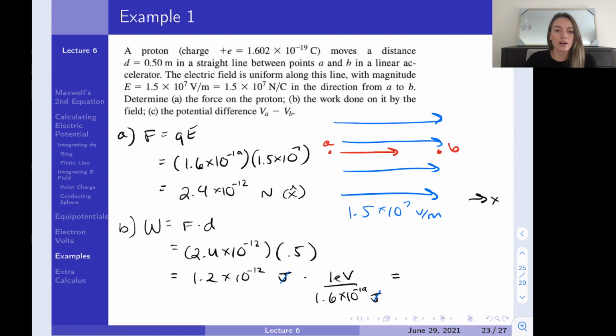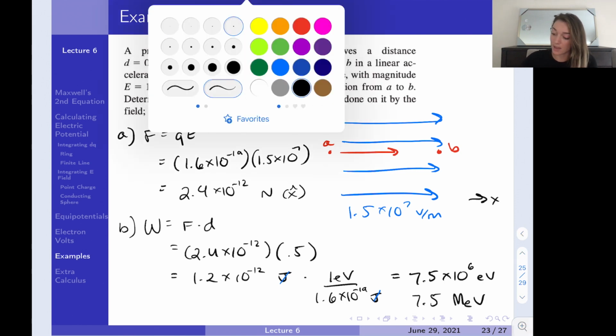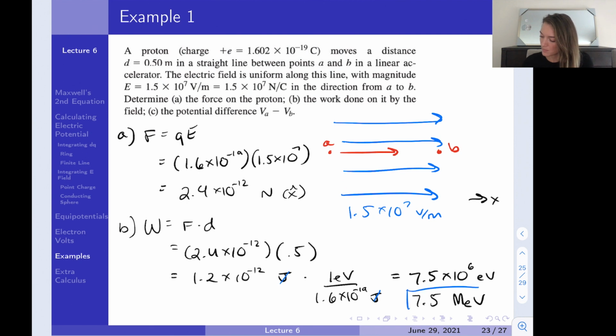And this will come out to 7.5 times 10 to the 6 electron volts. Now 10 to the 6 is a mega, so we can write this as 7.5 mega electron volts, which you'll see as MeV, capital M-E-V. Okay, so this is our work done by that electric field on our proton.